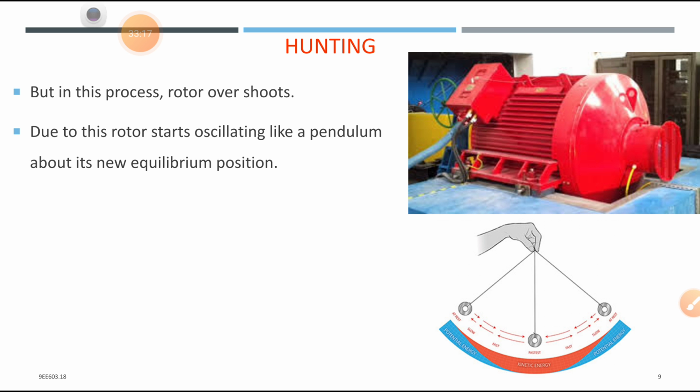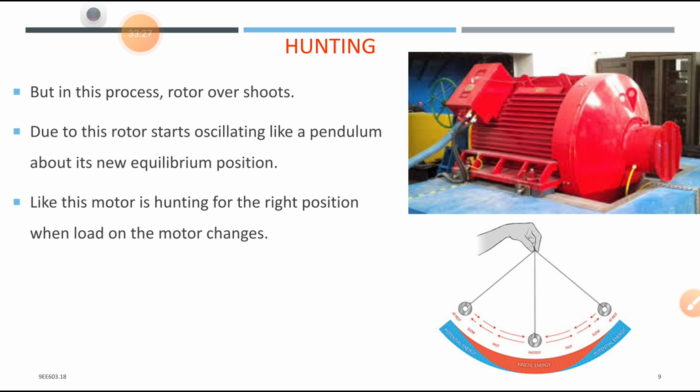Similar to this pendulum, our rotor also overshoots and undershoots, and comes to rest near the stator magnetic axis. Like this, the motor is hunting for the right position when the load on the motor changes, whether increased or decreased. This is also called phase swinging. We can say hunting, phase swinging, or surging.